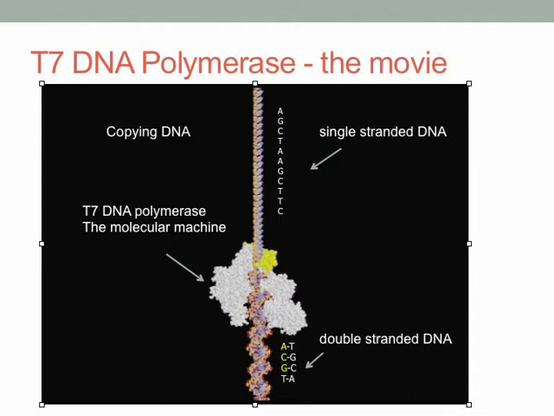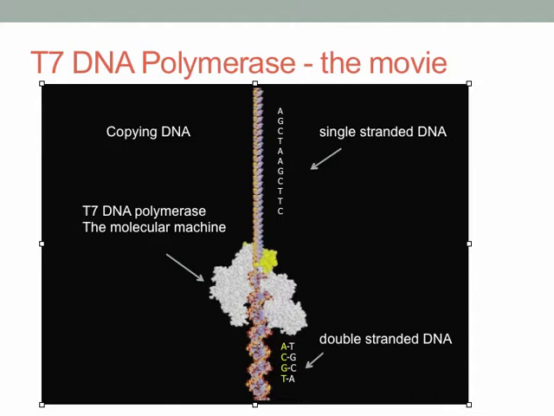But basically what you're going to be watching is there's a piece of DNA. You can see the DNA, and it's pinned at both ends. And the T7 DNA polymerase, the molecular machine, is shown in white, and it's attached to the junction between the double-stranded and single-stranded region. And you can see there's a little yellow part of the DNA polymerase, and this yellow part is where the new nucleotides get added.